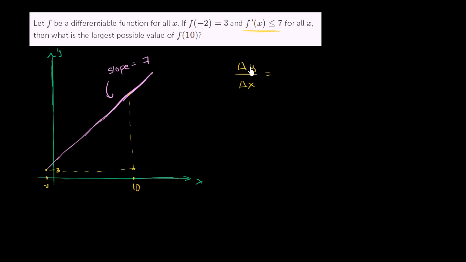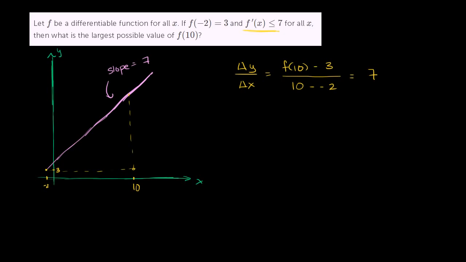Our change in y is f of 10 minus f of 2, and f of 2 is 3, so minus 3, over our change in x. Our change in x is 10 minus negative 2, which is equal to 7. This is the way to max out what our value of f of 10 might be.